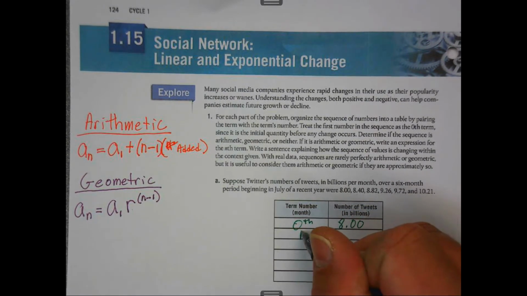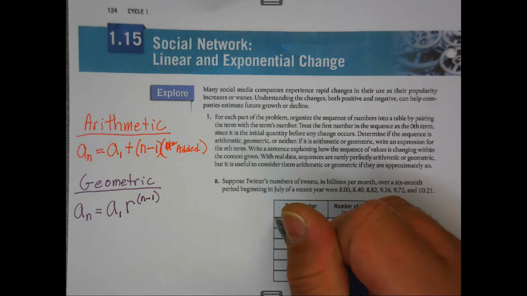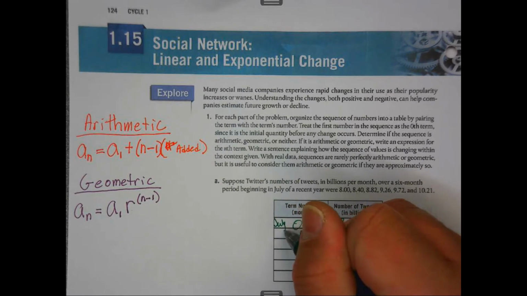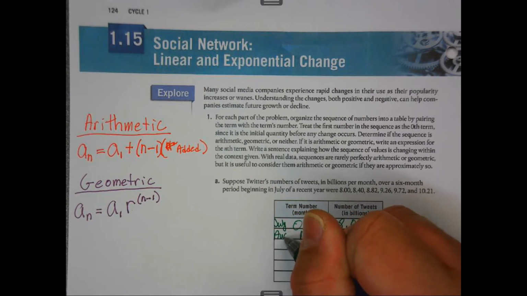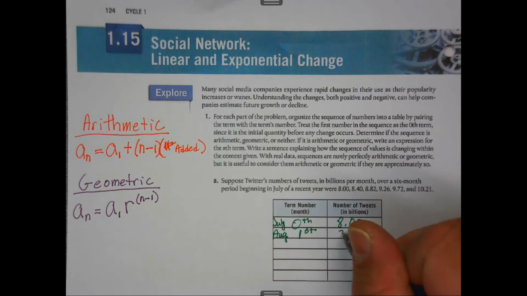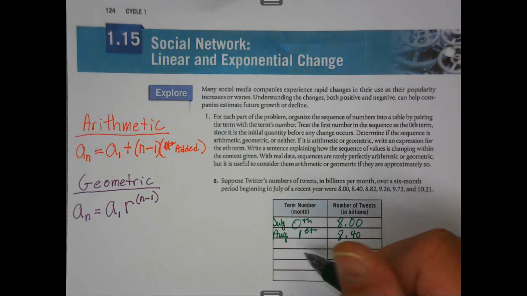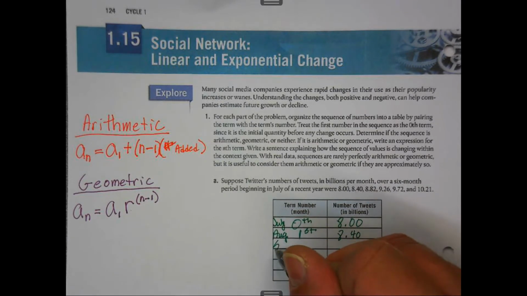So the first term, this would be July, August, 8.40. And then, July, August, September, October, November.